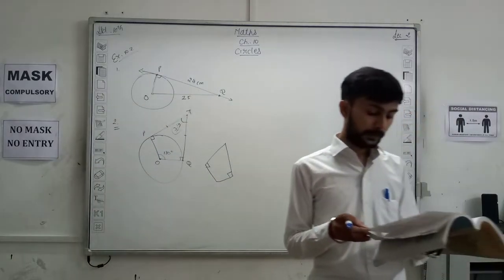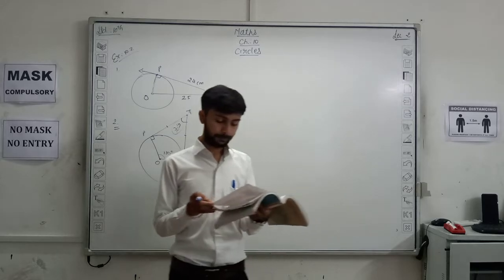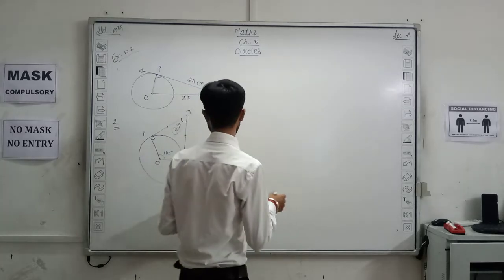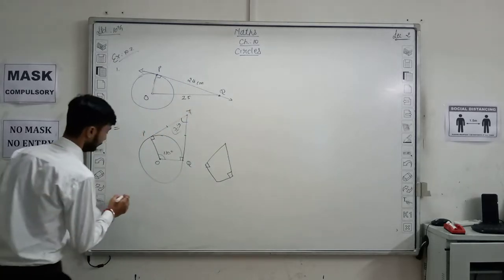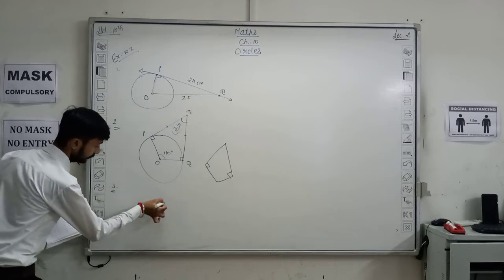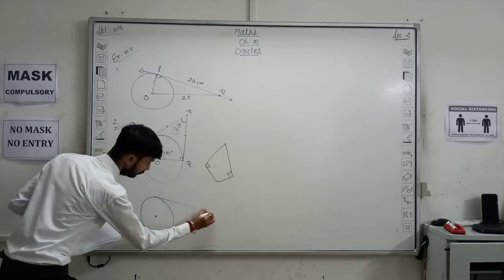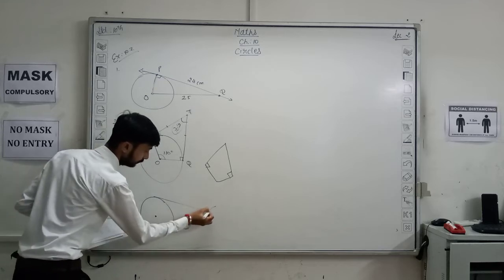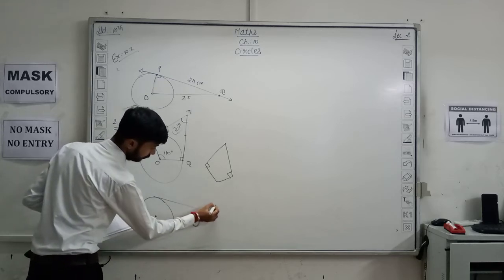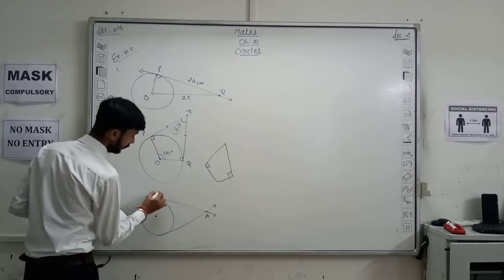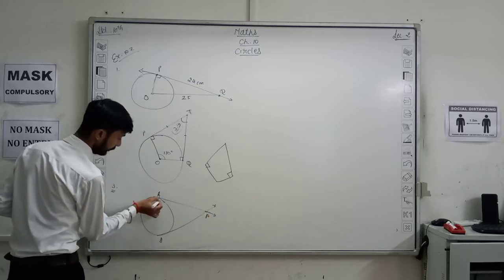If tangents PA and PB from a point P to a circle, this is PA and this is PB.